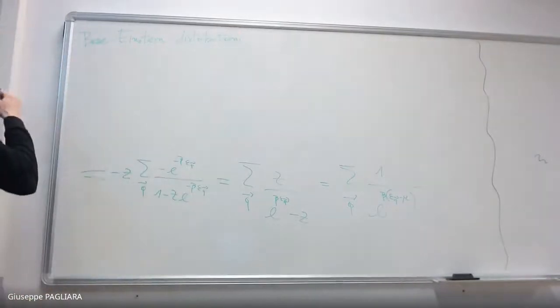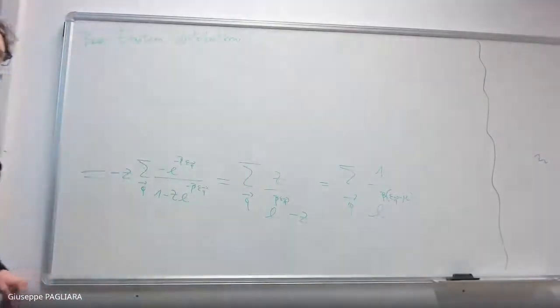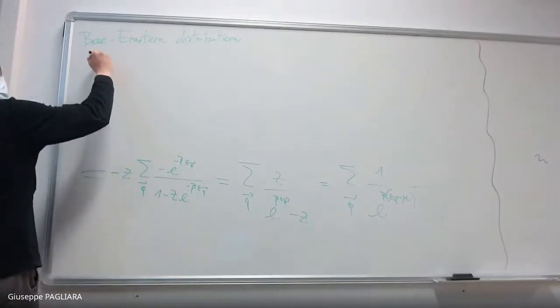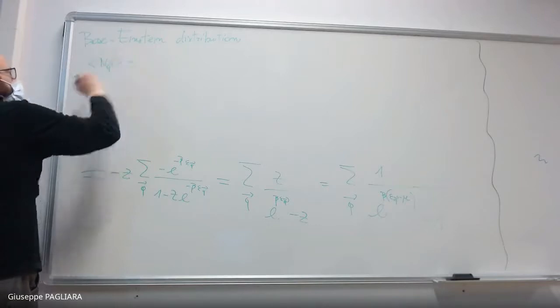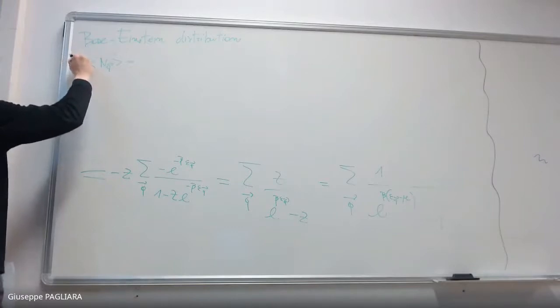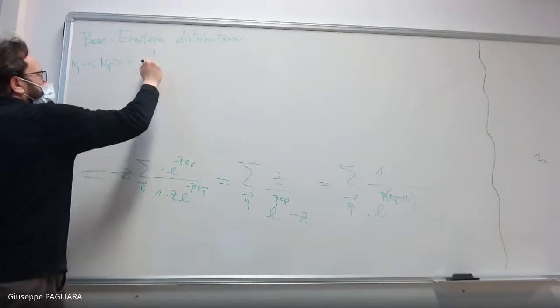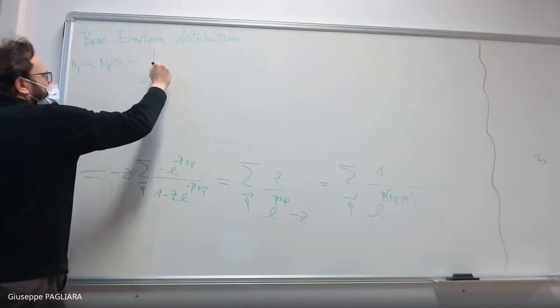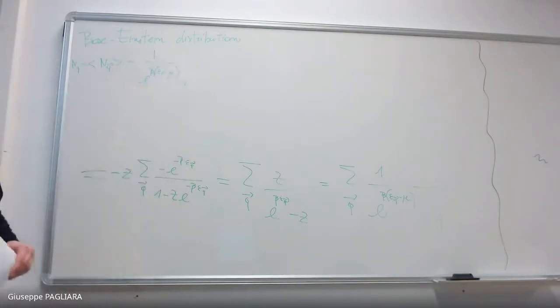Which tells us that if I fix q and I ask myself which is the probability of occupying this state, or the number of particles, better to say, in this state, so the average n_q, well, this is equal to 1 divided by e to beta epsilon q minus mu, minus 1, okay? Which is the standard distribution of Bose-Einstein.